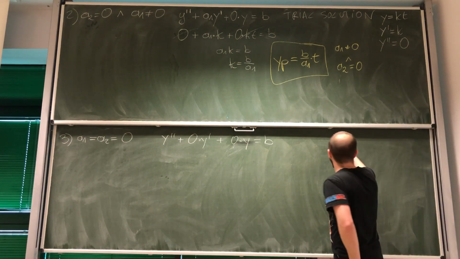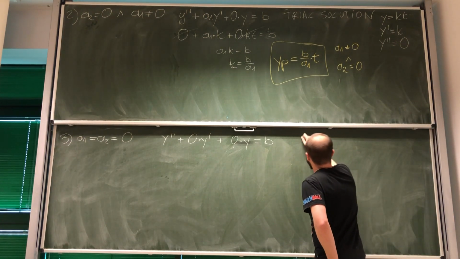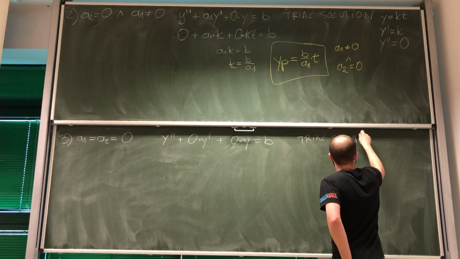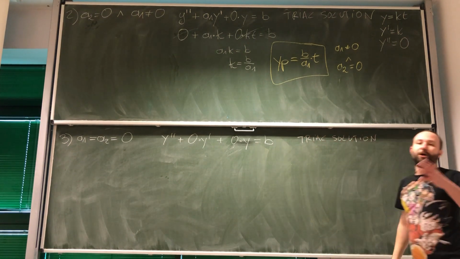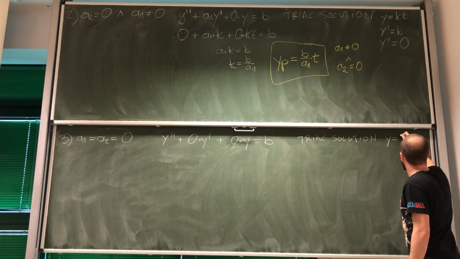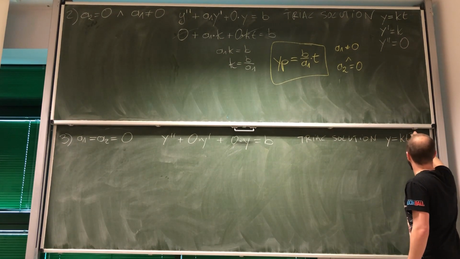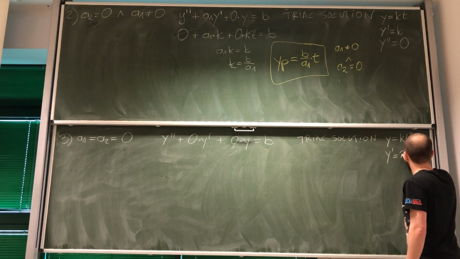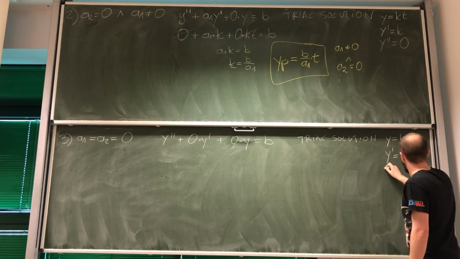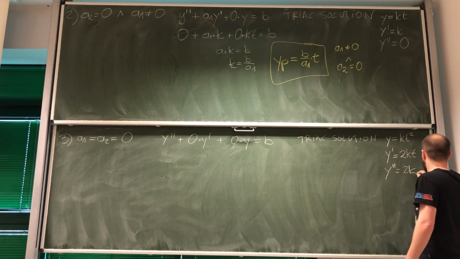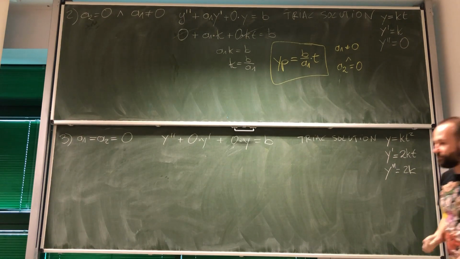The third possible solution, of course, is a quadratic function, right? So we've got y equals k t squared. In this case, y prime is equal to 2kt, and y double prime is equal to 2k.